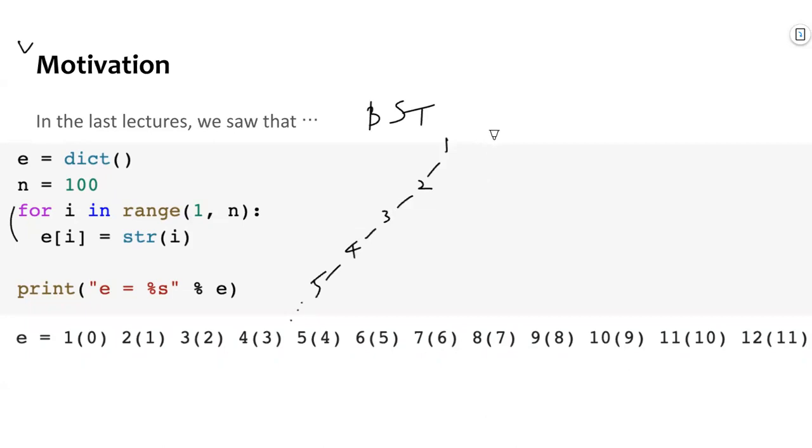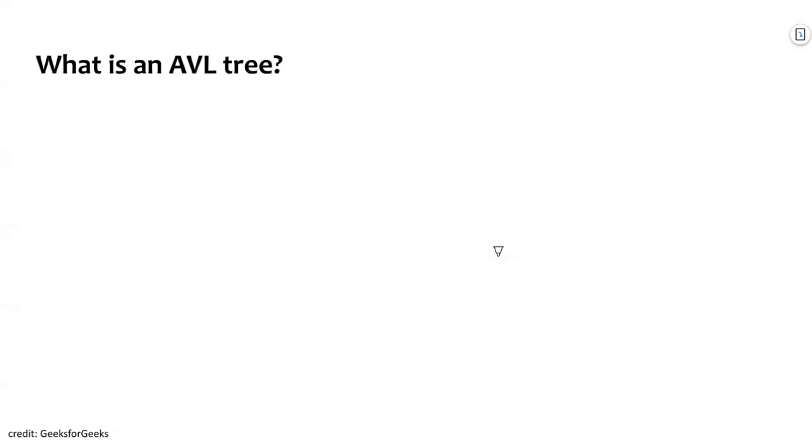It just looked like a normal linked list. Because this tree is not balanced, searching for a number in this structure took O(n) rather than the expected time, O(log n). So in today's lecture, we want to resolve this issue.